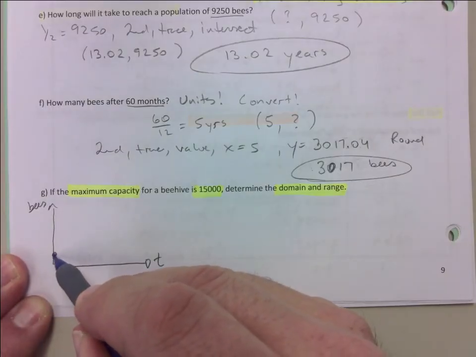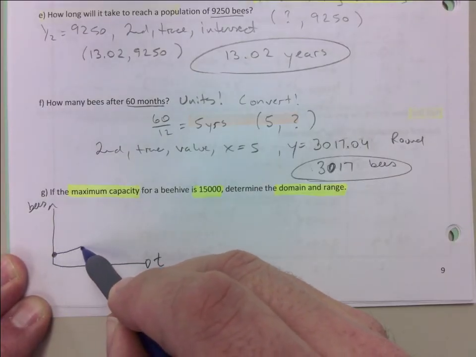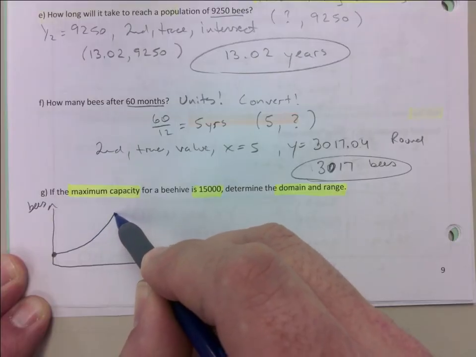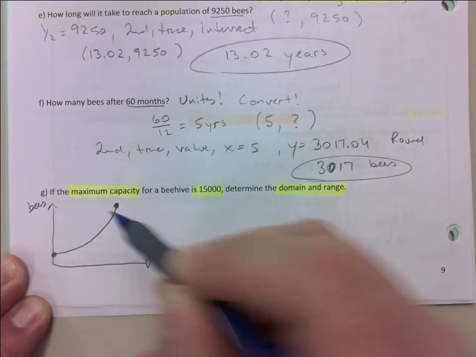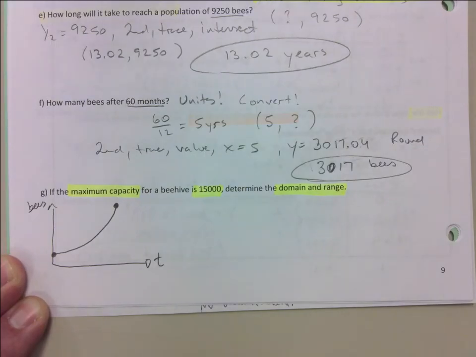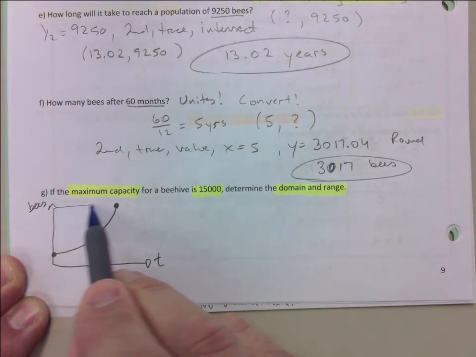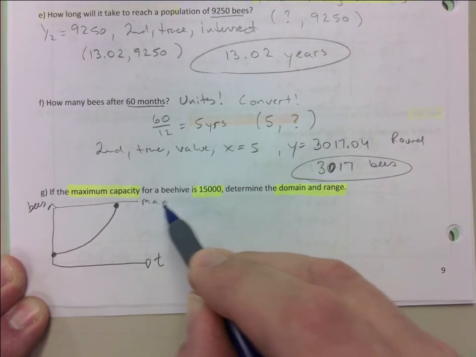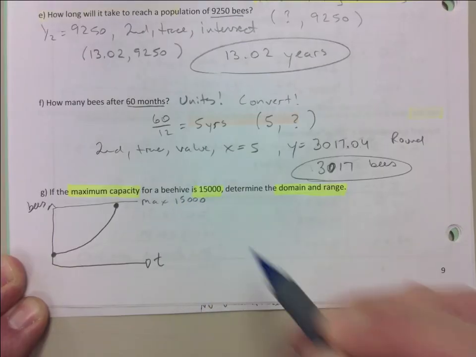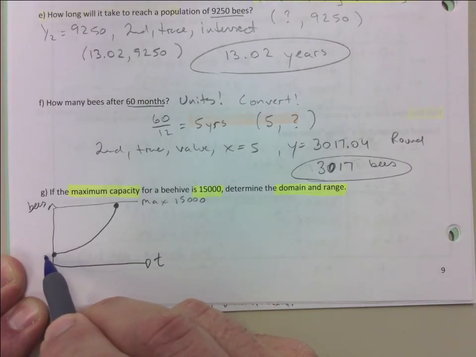We go from here, and it just exponentially grows, but we will stop it, like we can't accept more growth after a certain point because of this sentence. So what is that max here? It's 15,000. What's my initial amount here?